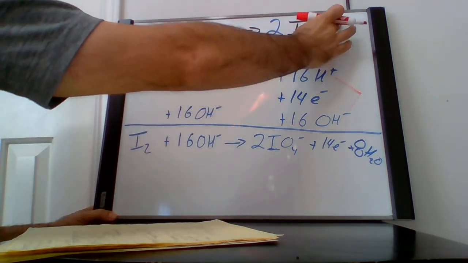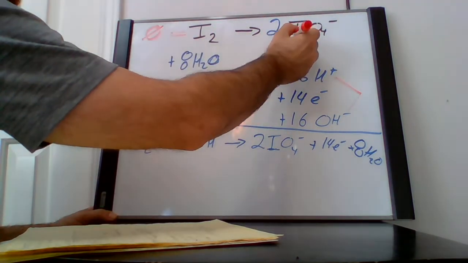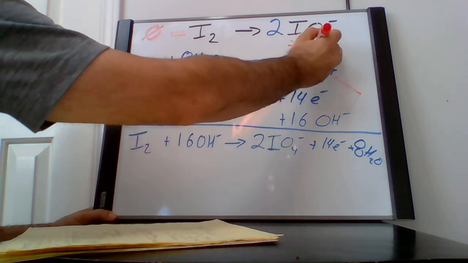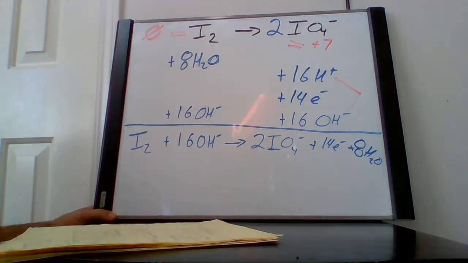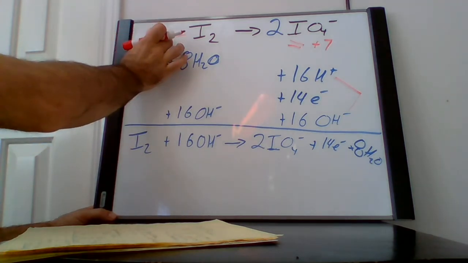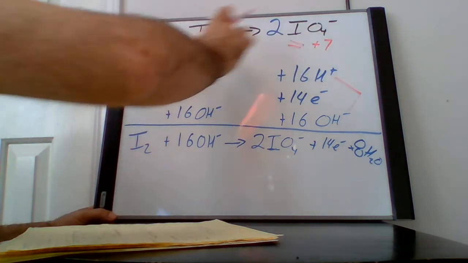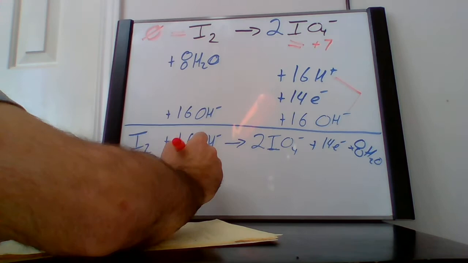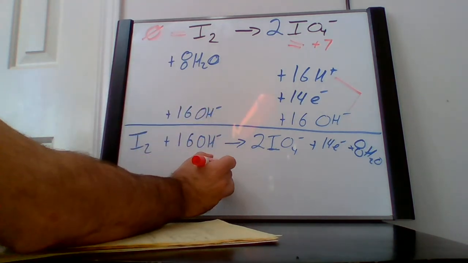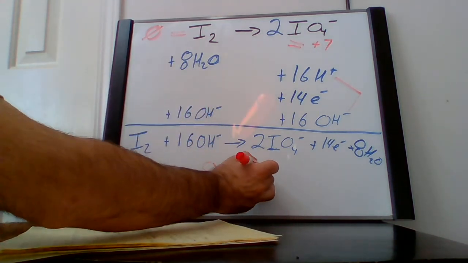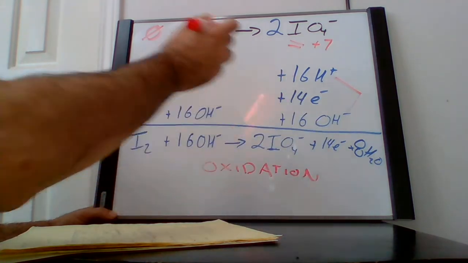My overall ion here has a -1 charge, so that means that my iodine must have an oxidation state of +7. I've gone from 0 to a +7, means that I am dealing with an oxidation reaction.